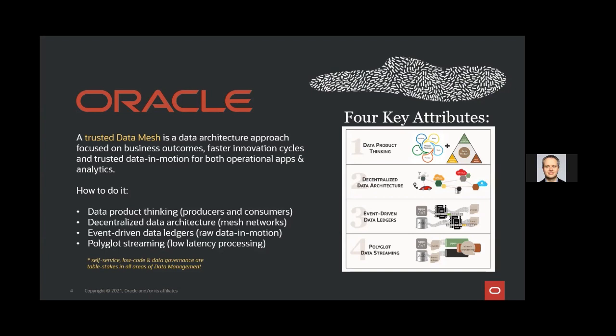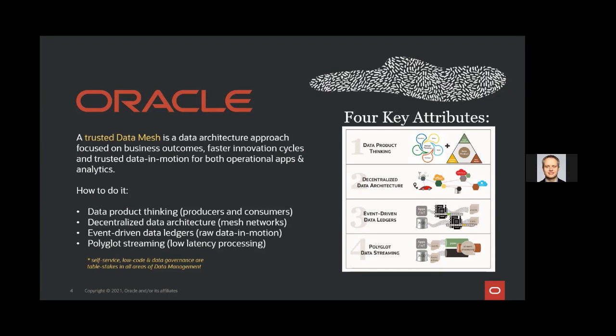So event-driven data ledgers are the third key attribute of data mesh. Ledgers or logs are the fundamental components of making a distributed data architecture function. And the data mesh is not just one single kind of ledger.